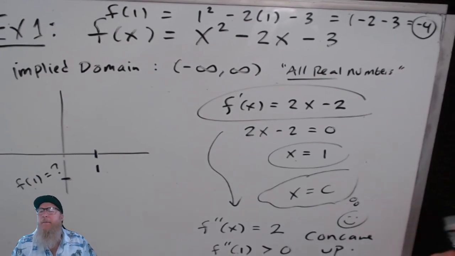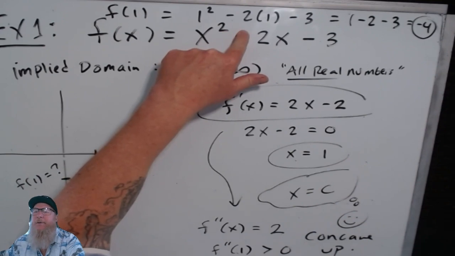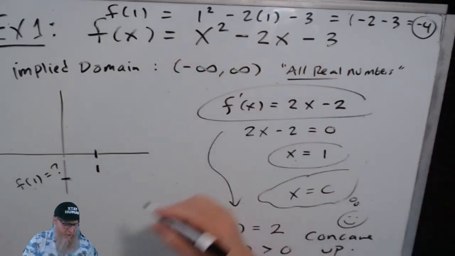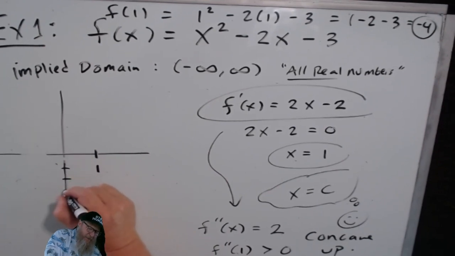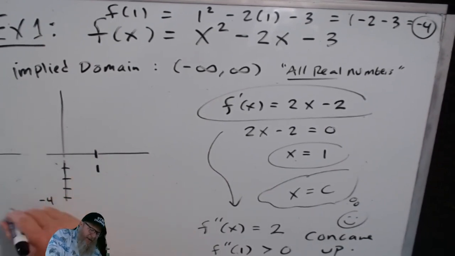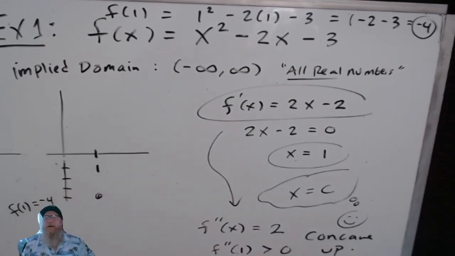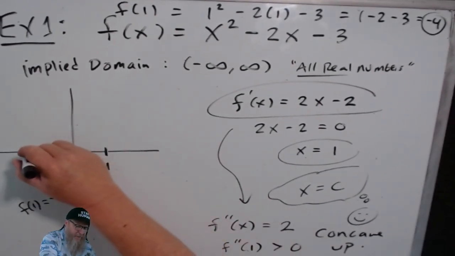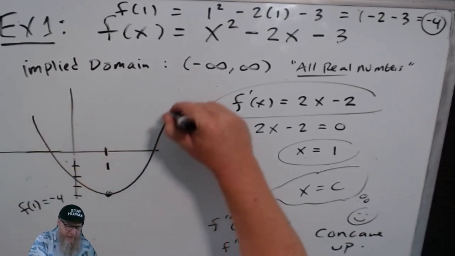Sounded like it broke. 1 squared is 1. 2 times 1 is 2. Minus 3, so that's negative 4. So this point here is negative 4. All right, so it looks like this.